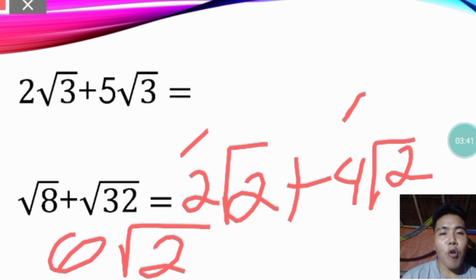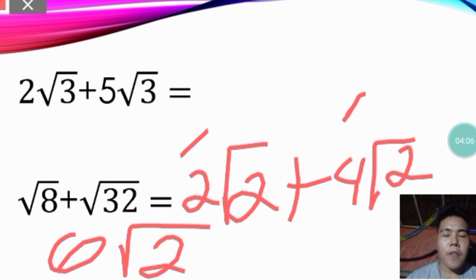I hope I gave you some information about adding radicals, because some students add immediately without noticing or identifying the error.